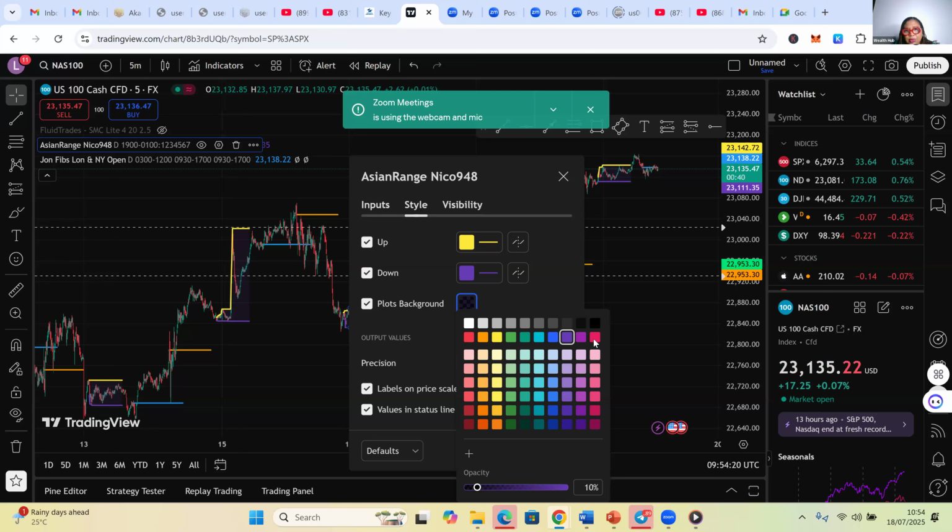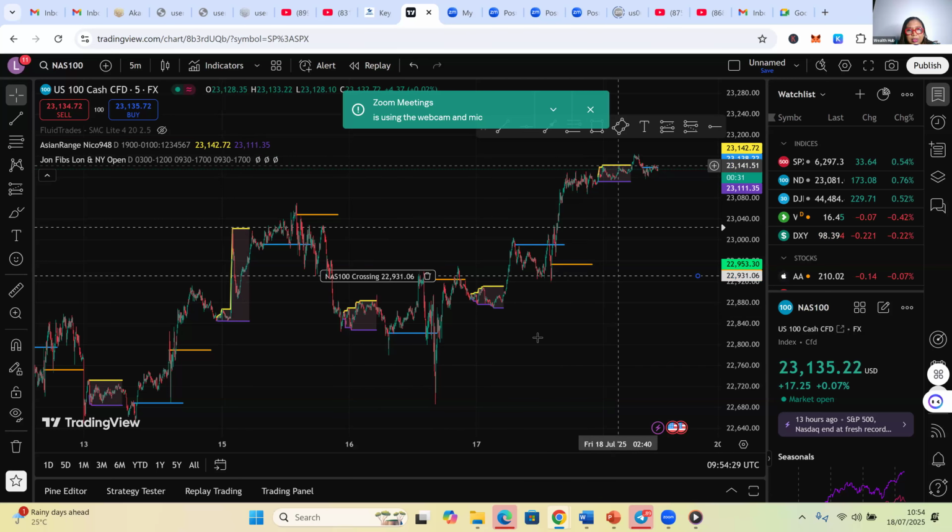You can actually use a background you can easily see. Okay, so I'm just leaving this background as it is. Right now we'll see the Asian range, you can see it forming. You can see this formation here, purple here, yellow here, purple here, yellow here, purple here.